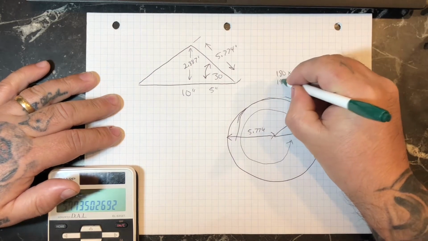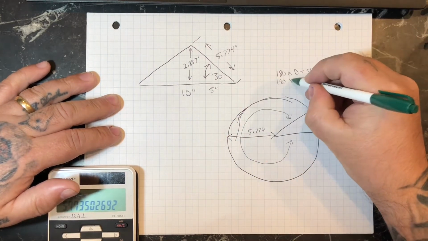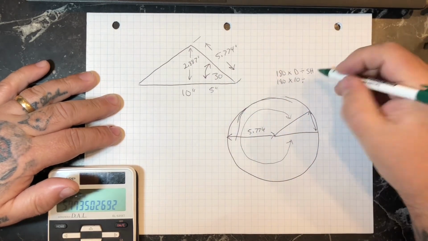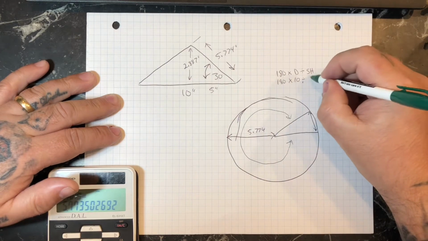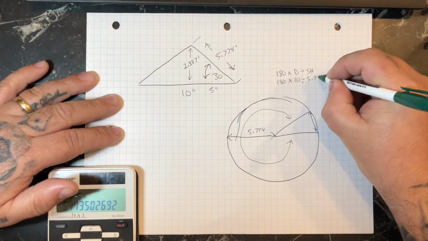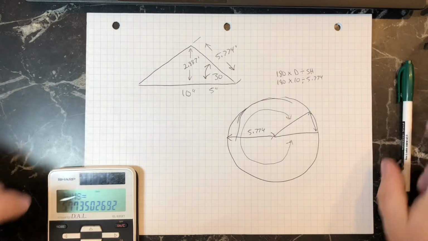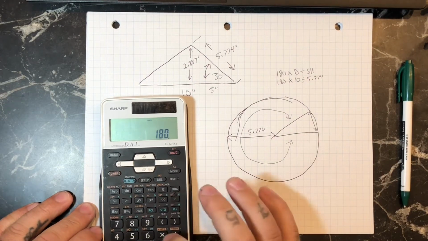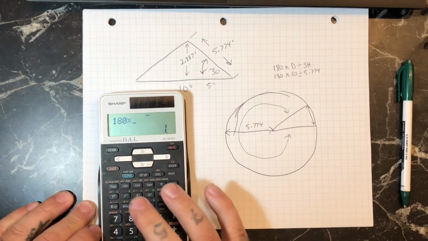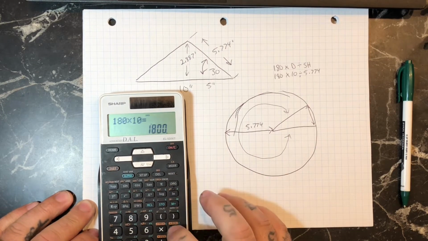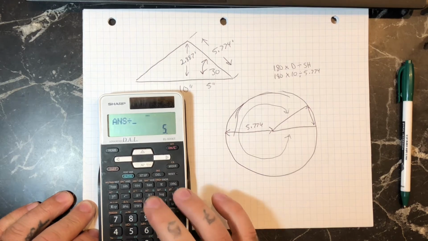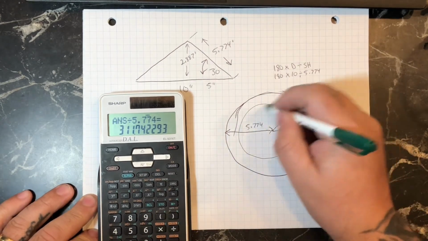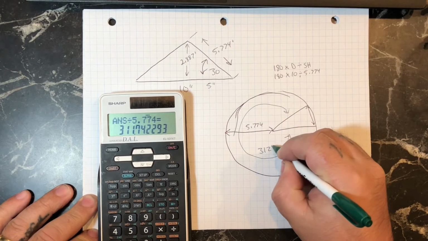So 180, we have a 10-inch diameter, divided by our slant height, or radius, which is 5.774. On the calculator, 180 times 10 equals, divided by 5.774 equals, so all the way around, that's 312 degrees.